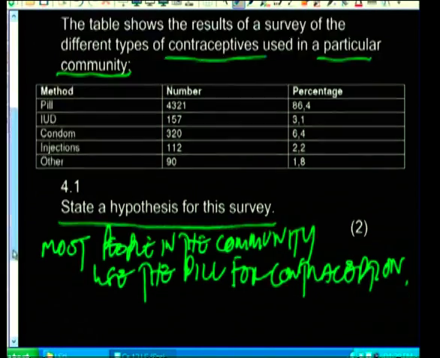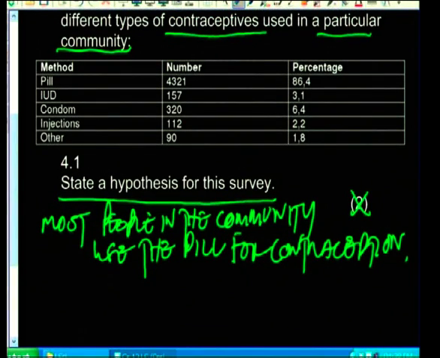Now, normally in the exams, this would be given 3 marks. You must have your independent variable and the dependent variable. The use of the pill would be the dependent variable, and the people would be the independent variable. And the relationship between the independent and the dependent, in this case, would be the word most.